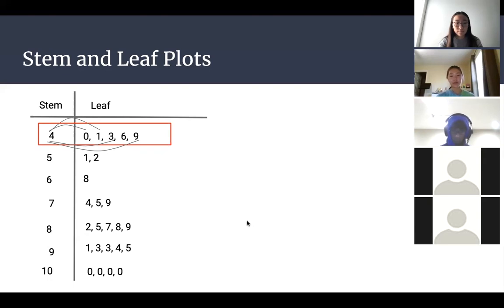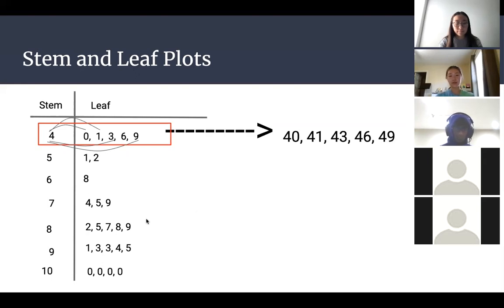Let's look at the numbers in this red box. The stem is 4, and that means that 4 is in the tens place for all of the numbers for this stem. The leaves on the right are the different ones places for the different numbers.